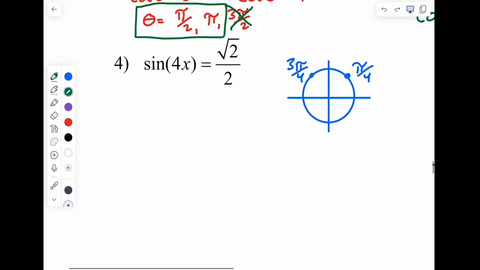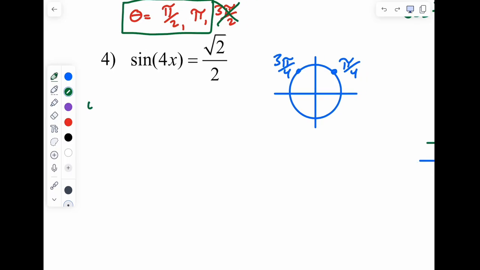Okay, so how do you do the problem? So even though I'm not doing all solutions, I'm going to do the same thing I did with the ends. So this is just like the first notes. I'm saying 4x equals pi over 4 plus 2 pi n. If it was an all solutions problem, this is the way I would do it.